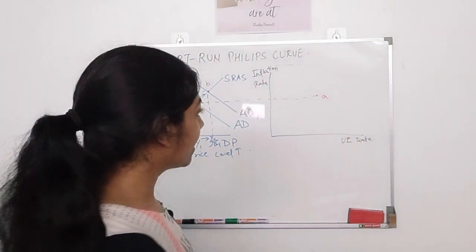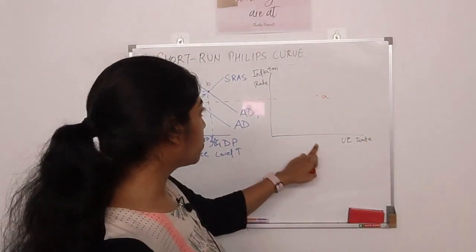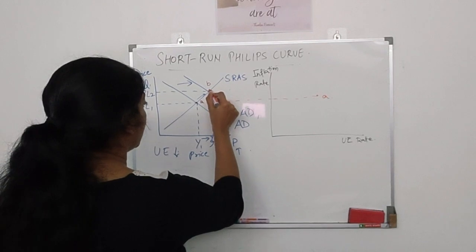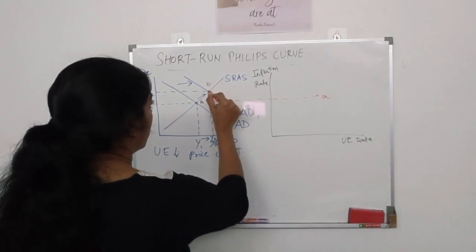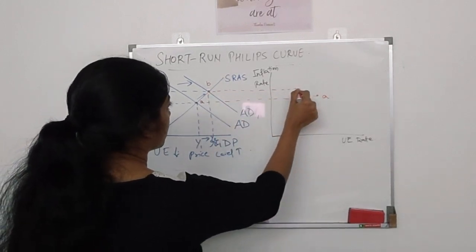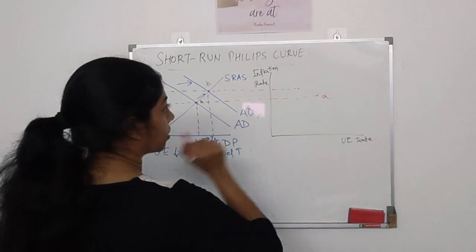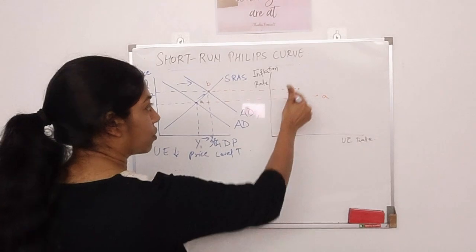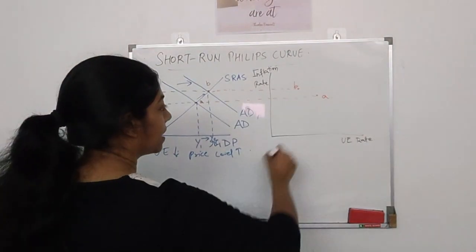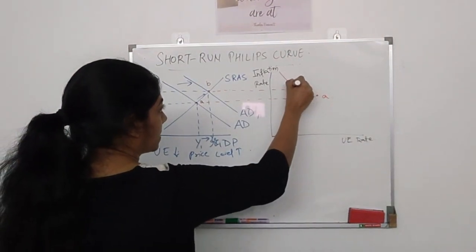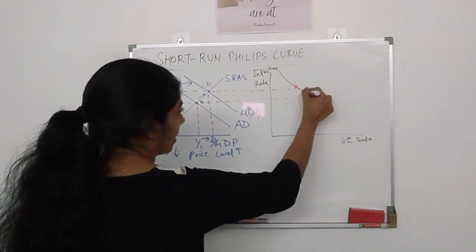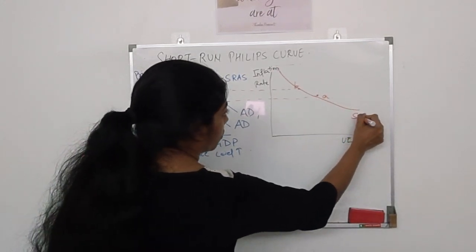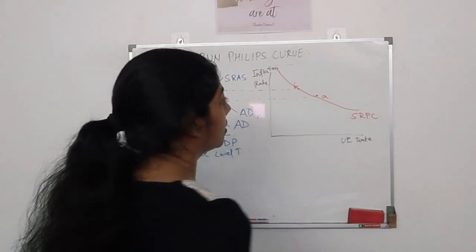At A, this is the unemployment rate and this is the inflation rate, whereas B, which is showing a lower unemployment rate, would come somewhere over here because it is a lower unemployment rate and a higher inflation rate. So that's B. So my short-run Phillips curve will look something like this, give or take. This is your short-run Phillips curve.